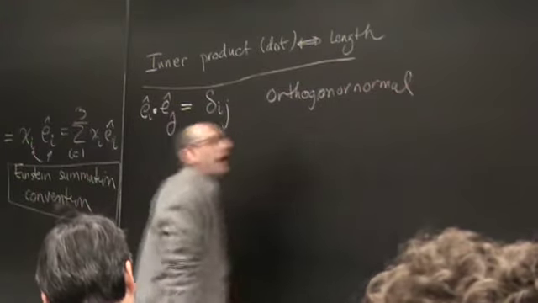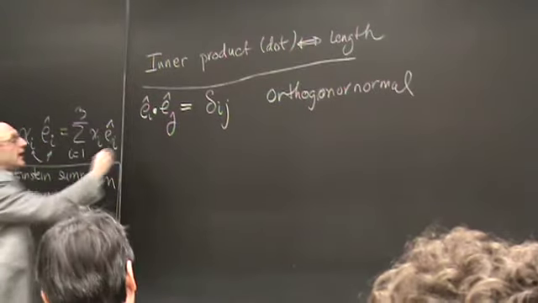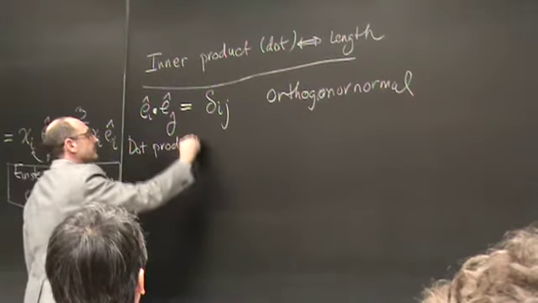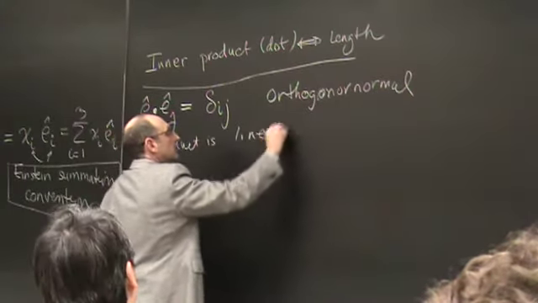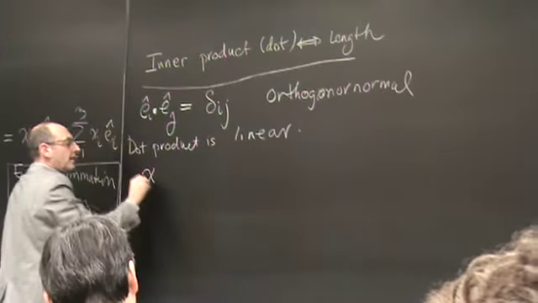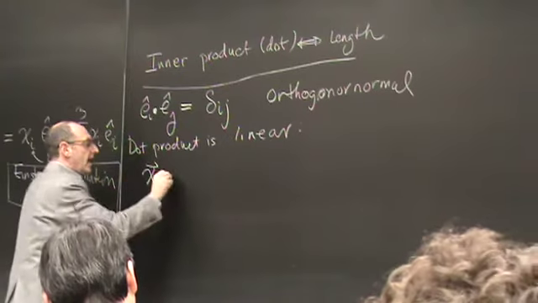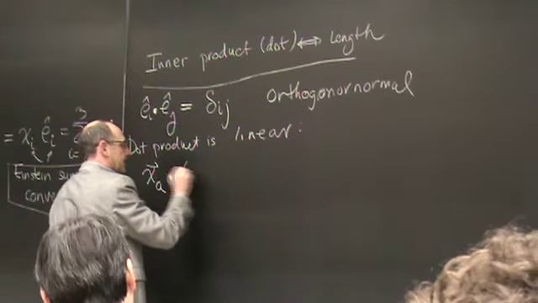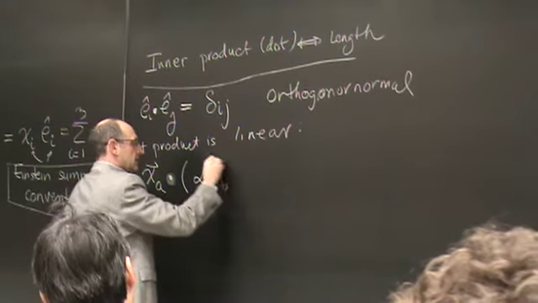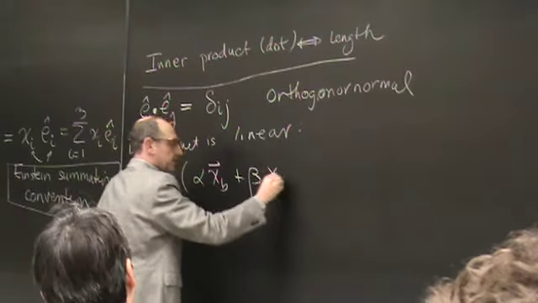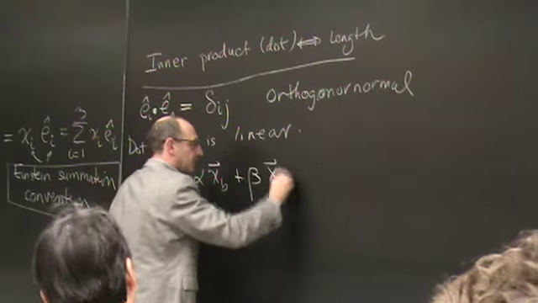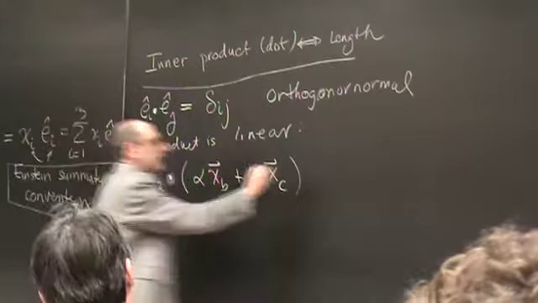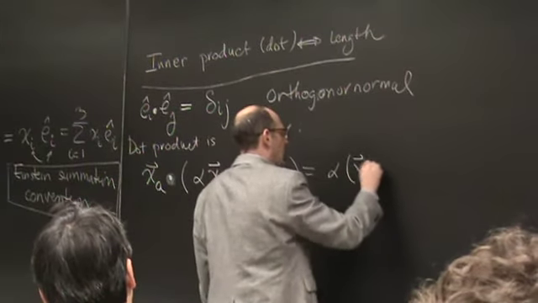Given that definition on the basis vectors, and the fact that the dot product is linear, meaning that if I look at the dot product of some position vector x with a vector which is a superposition of two others through a linear combination, this is a vector space, so we can always take linear combinations, then the dot product distributes through in a linear way, as you know.